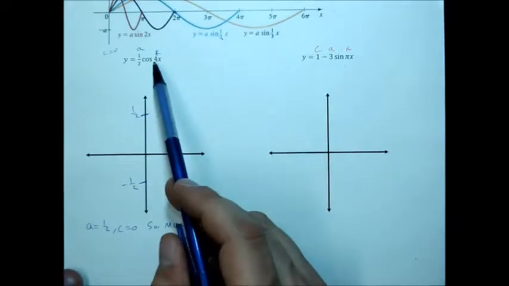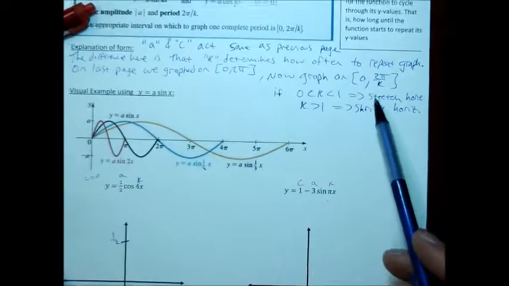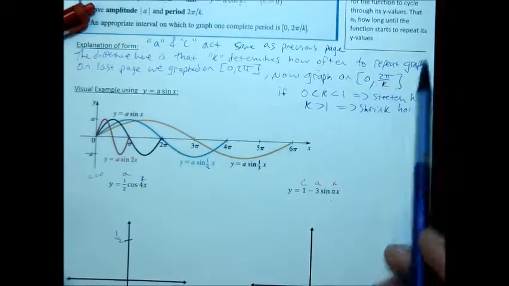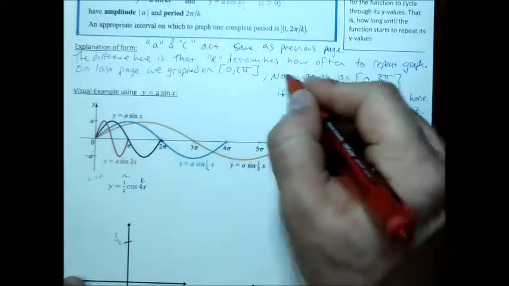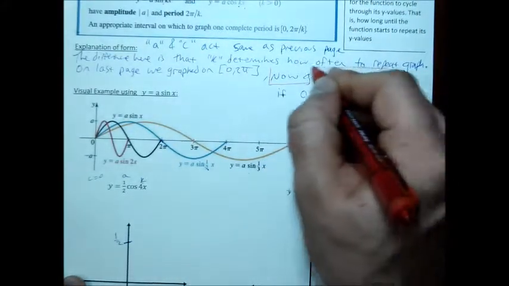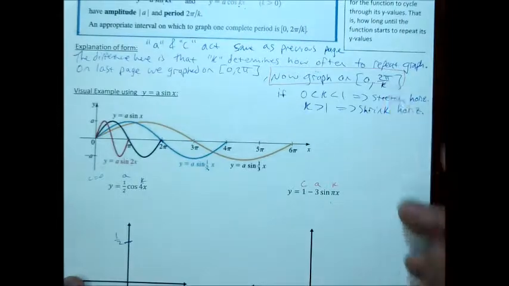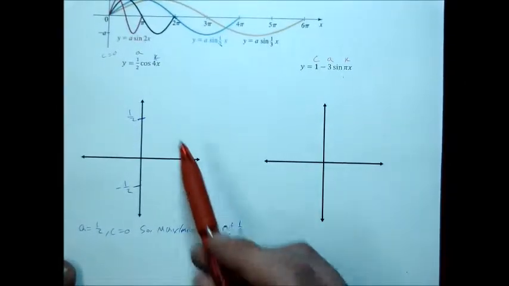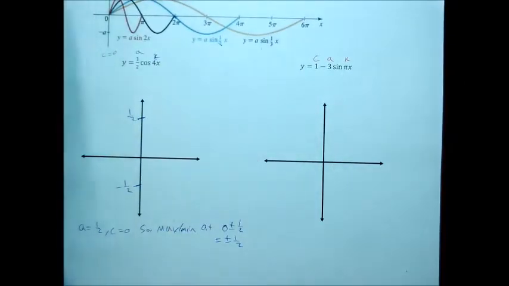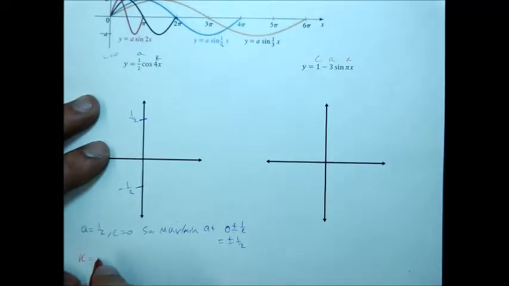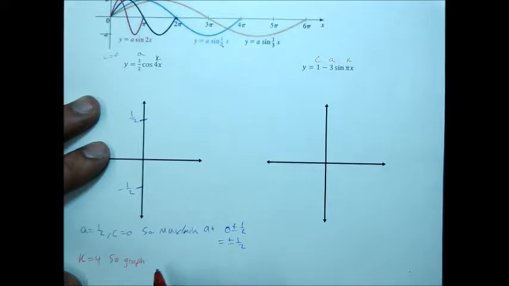The k is changing the period, and what we just wrote down at the top here is we want to graph on this new period. This is kind of the big thing here. We now want to graph from 0 to 2 pi over k. And so our k here is 4.